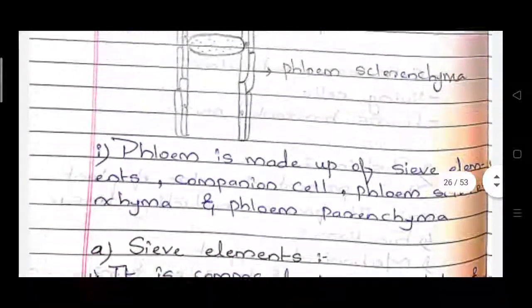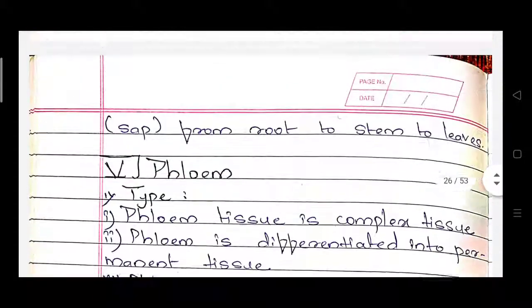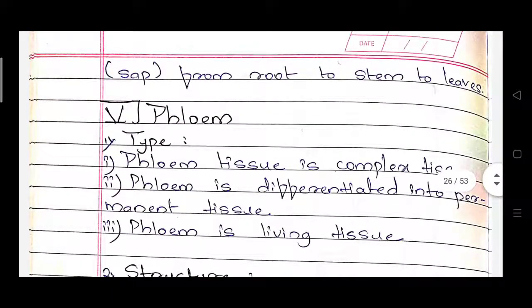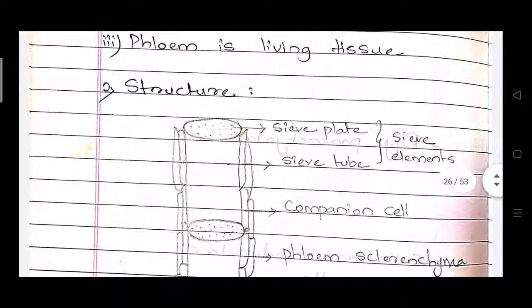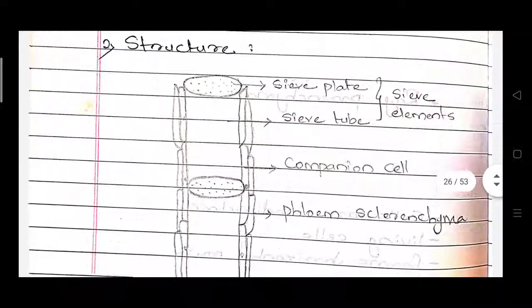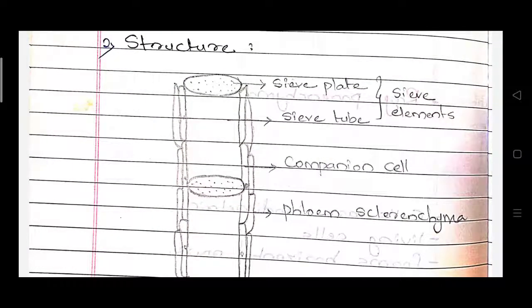So just revise this phloem. The phloem is the last part of the mechanical tissue system. It is a complex tissue differentiated as a permanent tissue, but it is a living tissue. Structurally, the phloem is made up of sieve elements, companion cell, phloem sclerenchyma, and phloem parenchyma.